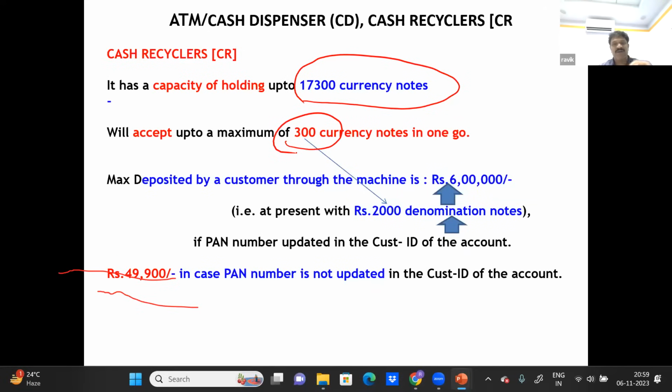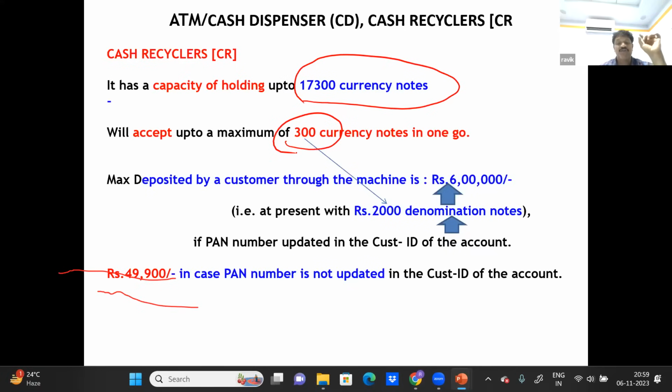One customer can deposit a maximum of only 300 currency notes at one time. Now, 2000 is not applicable, I also know. But for examination purposes, see 300 into 2000 rupees denomination. How much will it become?